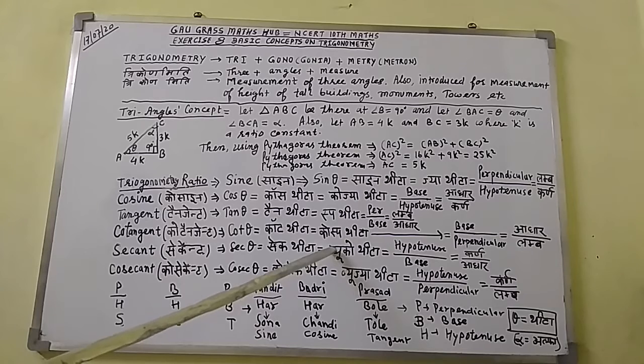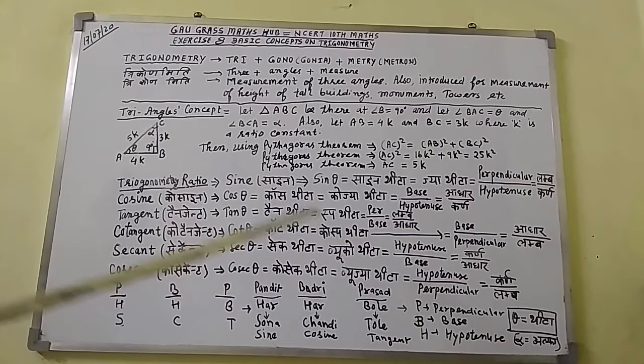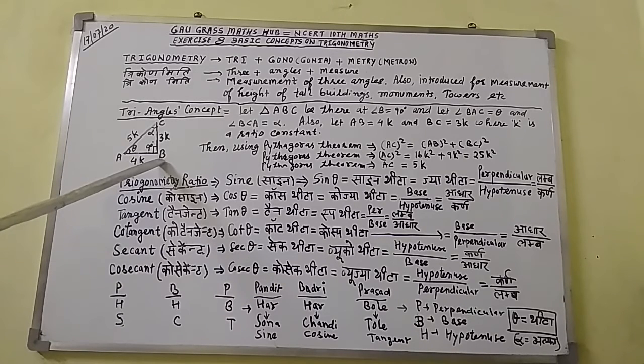That will become hypotenuse upon base. Hypotenuse in this case with respect to angle theta will be AC and base will be adjacent side, that is AB. So here write base. The curd bata dha, that will be known as sec theta.